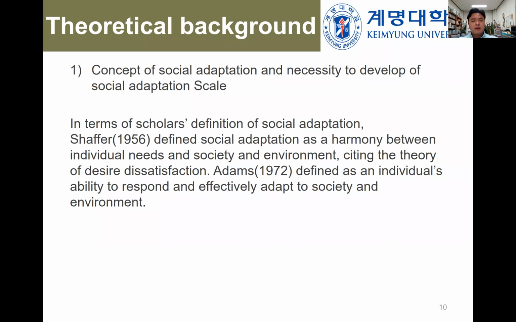In terms of scholars' definitions of social adaptation, Schaeffer defined social adaptation as a harmony between individual needs and society and environment, citing the theory of desire dissatisfaction. Adams defines it as an individual's ability to respond and effectively adapt to the society and environment.